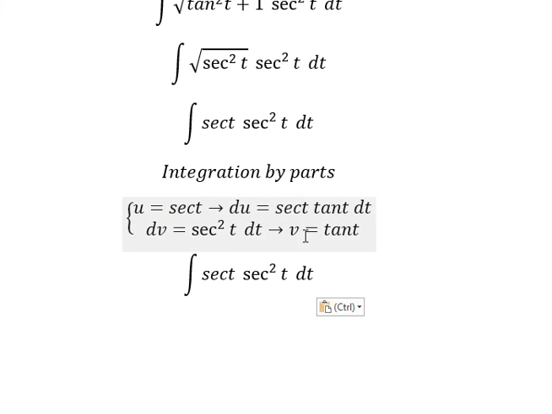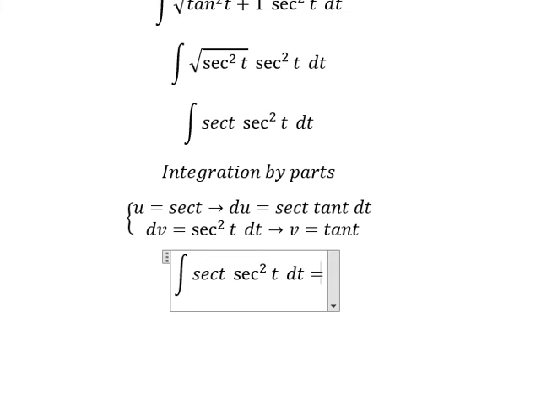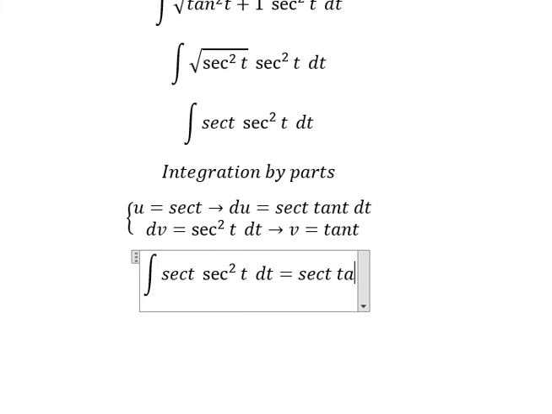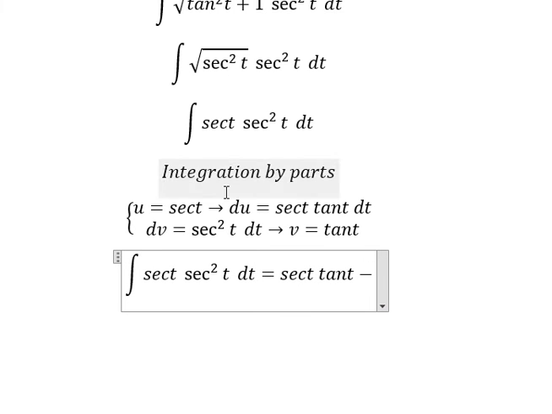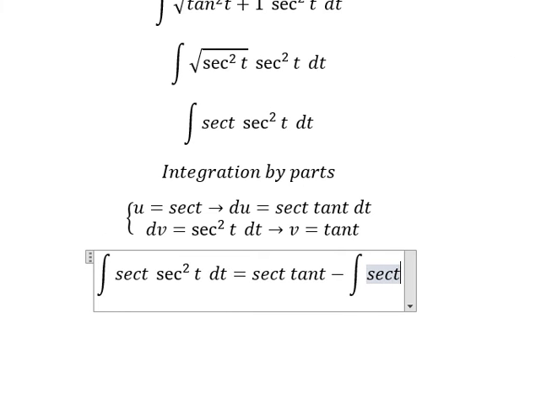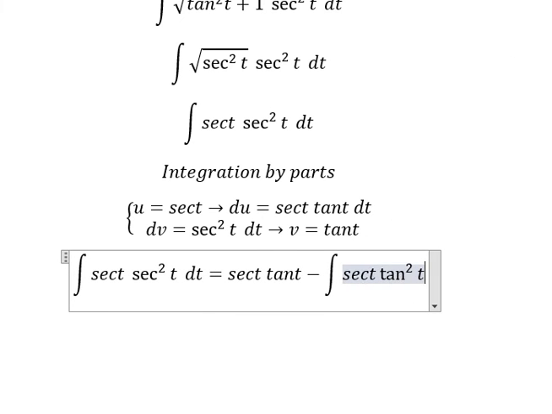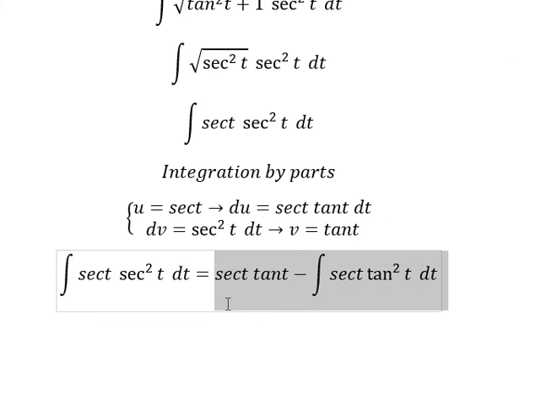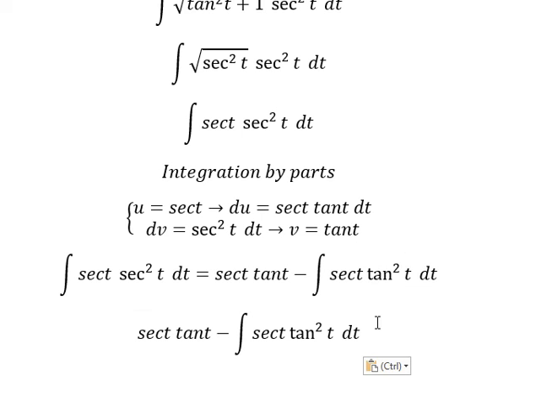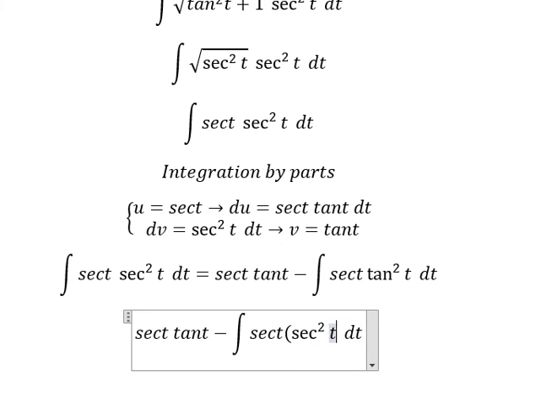So we have u multiplied by v. That's secant of t tan t minus the integral of v du. So we have the integration of secant of t tan t squared dt. Tan t squared we change into secant of t squared minus 1.